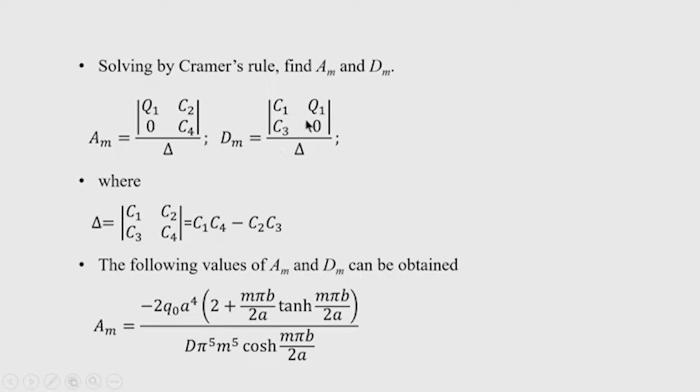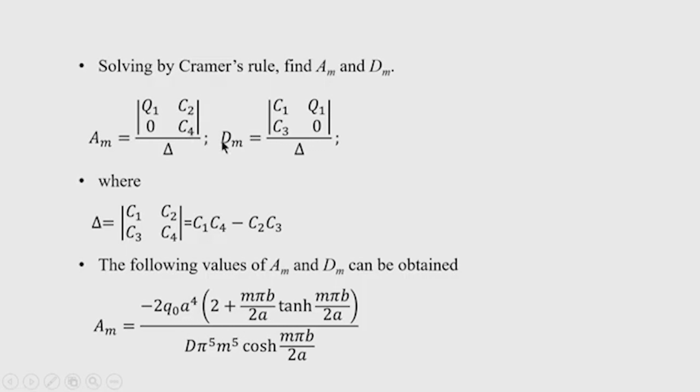Okay. So, similarly, we get this, that the first coefficient is a m. So, first column is replaced by the right hand side value. So, right hand side value is Q 1 due to forcing term. In the second equation it is 0, and the second column contains the coefficients C 2 and C 4.